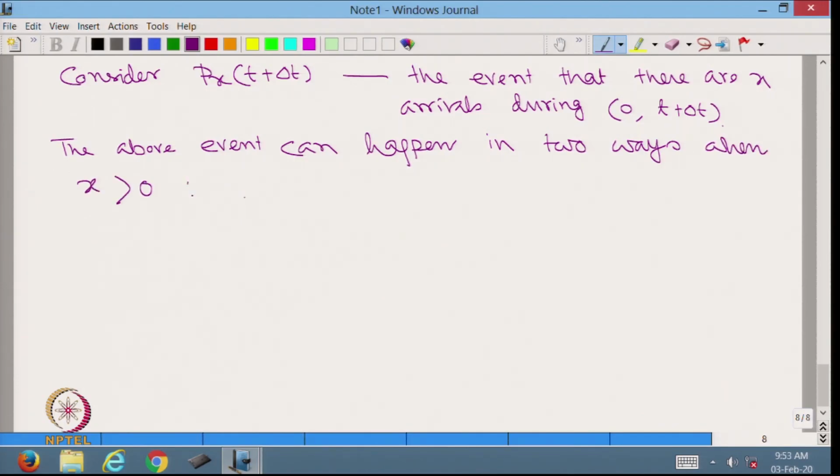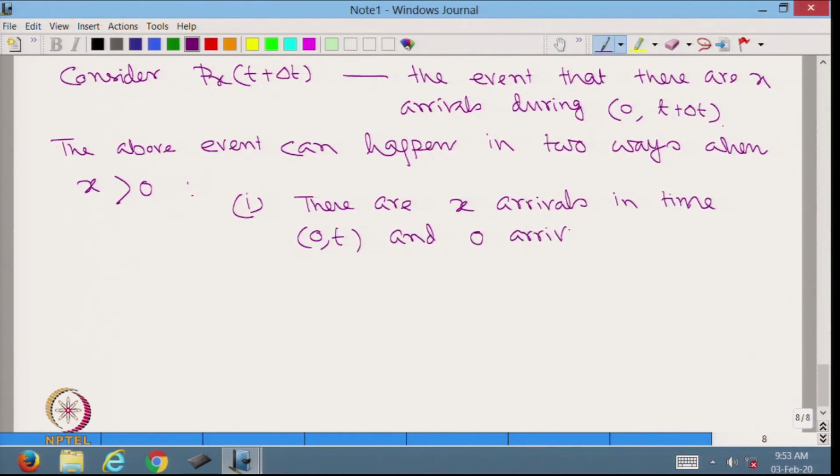What are they? The first one is that there are x arrivals in time 0 to t and 0 arrivals in time t to t plus delta t.